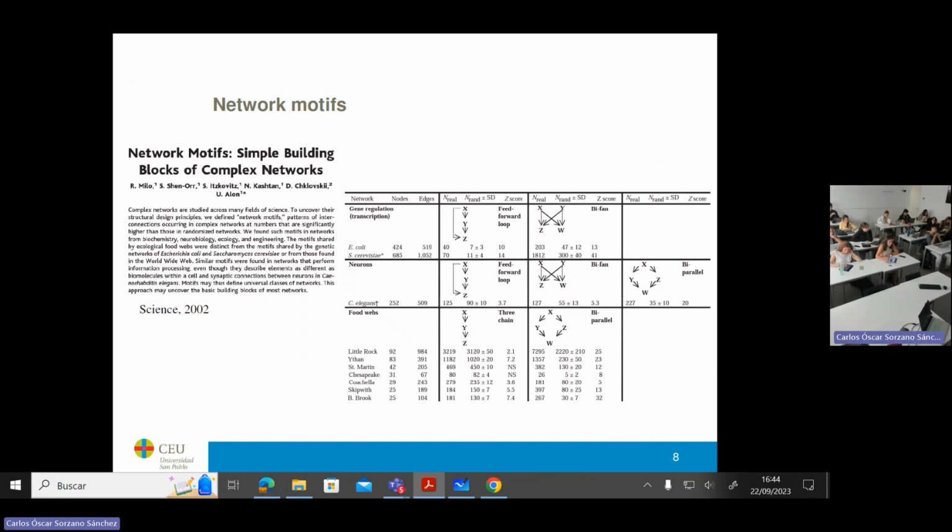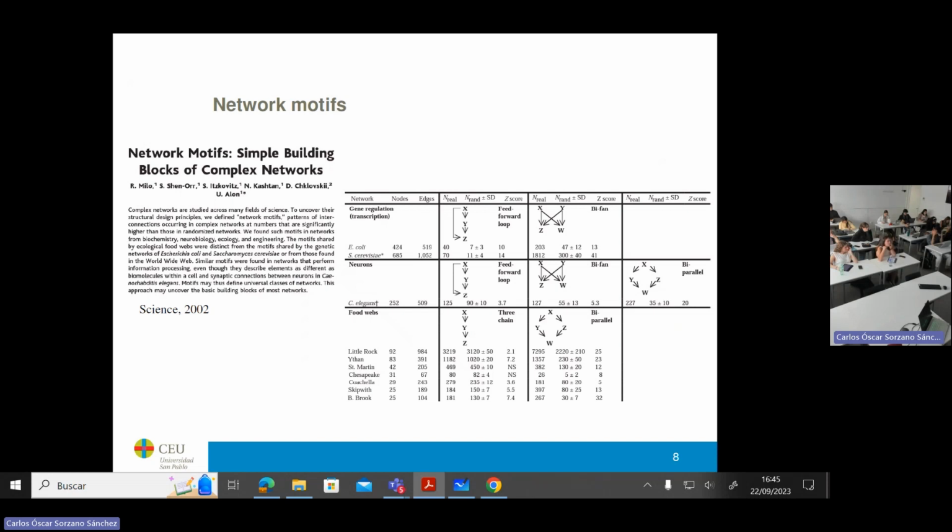For instance, let's say that we have a gene regulation, where X is controlling the expression of Z. X is a gene, and the protein, the transcript of X, somehow controls the expression of Z. It has been noticed that there are some patterns that are repeated in many biological networks.